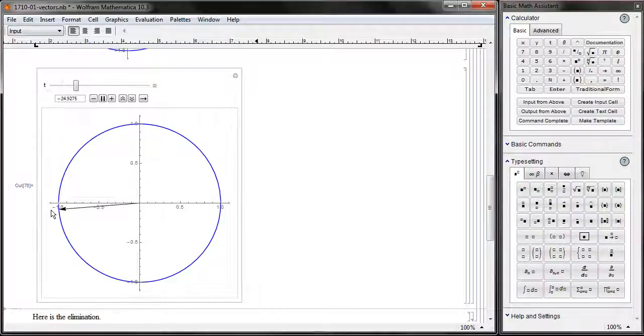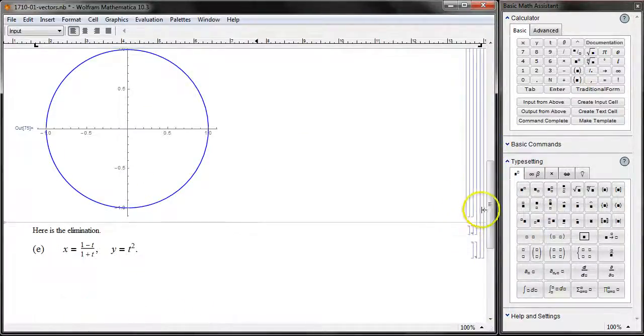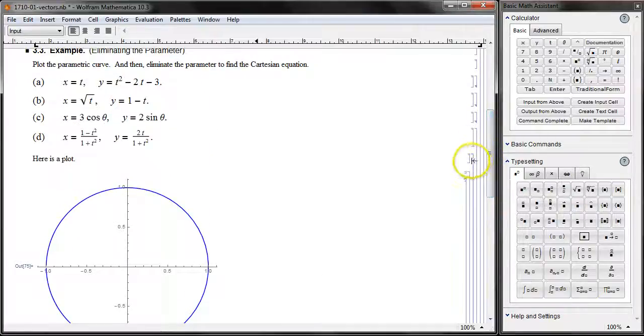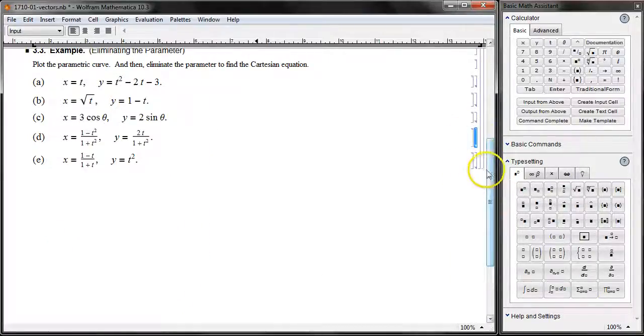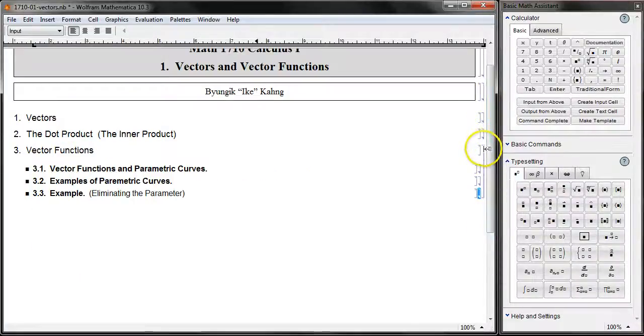In reality, there's no jump. It's just that the arrow slows down so much that it takes an infinite amount of time until it theoretically reaches -1, 0. That's the kind of effect you're seeing. Exactly how you get this circle is left to the students. The answer key is here in this notebook. It's just that I do not want to spoil the fun.